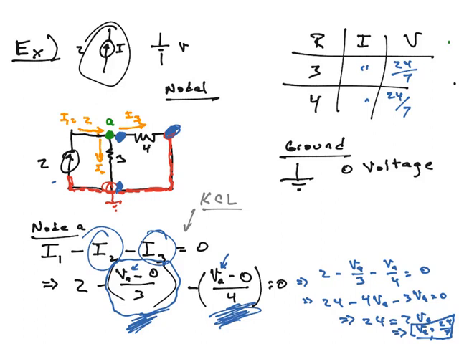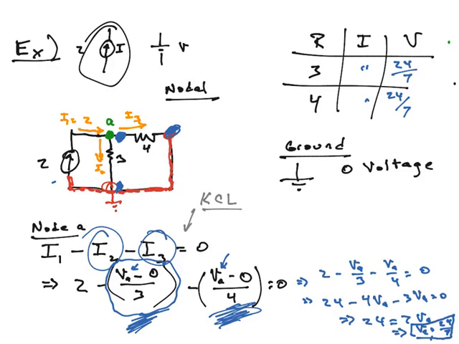Sometimes you're going to have a VA minus VB over R. Here, because we only had one node, it happened to be VA minus 0 over R, because the other side of the resistor was connected to the ground. Once this is done, you're going to be left with an equation that only has V's in it. Solve the equation for the V, and you have your answer. From there, you can answer whatever the question's actually asking you for.